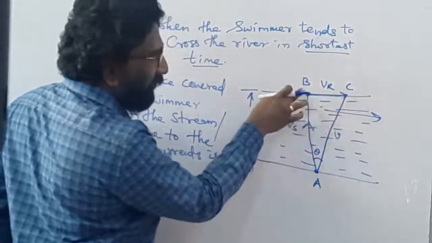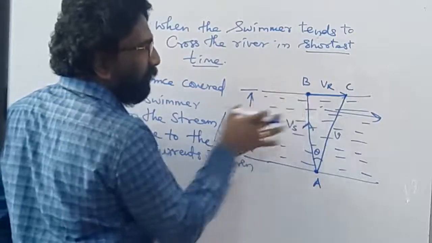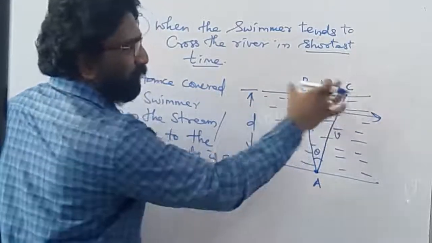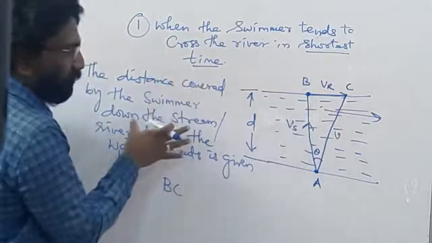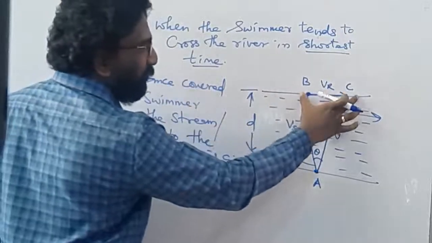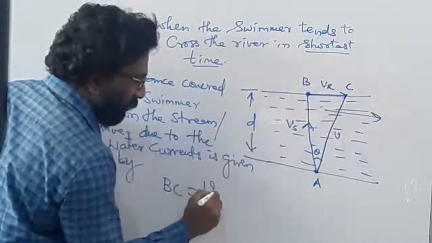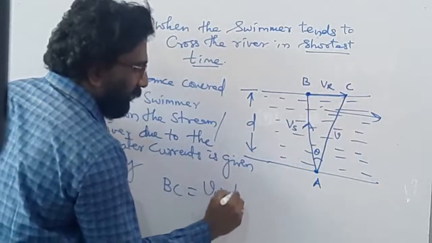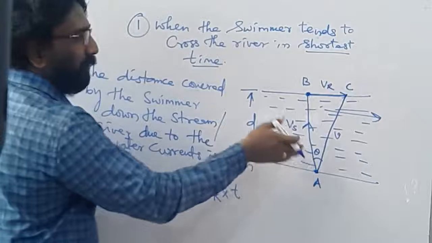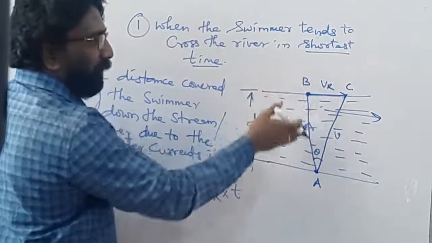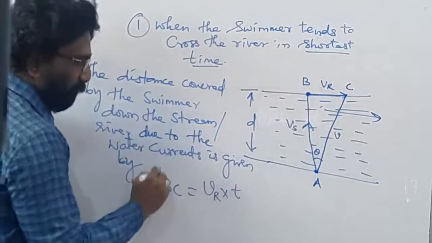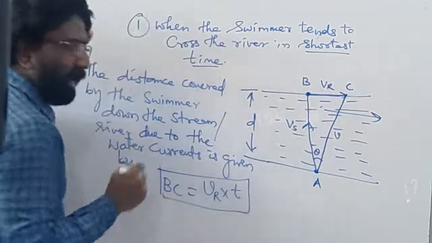He has to reach this point, but due to the water currents he will be reaching point C. So this BC is equal to the velocity of the river into the time taken by the person to swim this river. So that is T. So BC equals Vr into T.